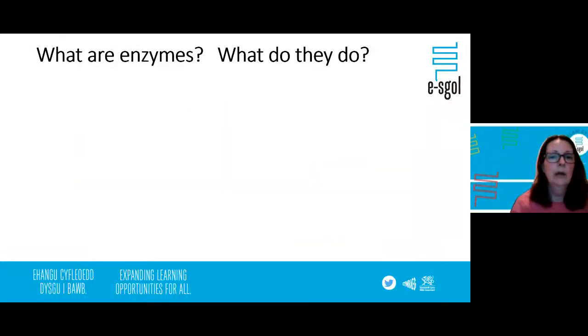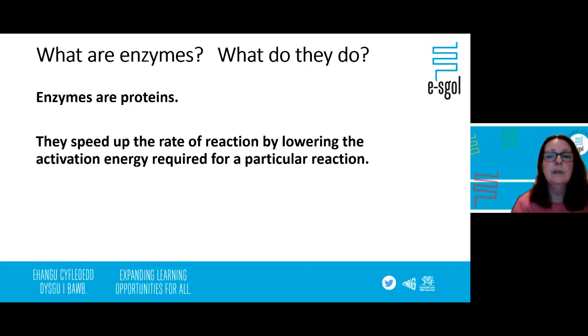Okay, so what are enzymes? What do they do? So we know that enzymes are made from protein, and we know that they speed up the rate of reaction. And it's how those enzymes are formed and how those proteins are formed that enables enzymes to do their job accurately and efficiently. So they speed up the rate of reaction, they lower the activation energy required for a particular reaction.